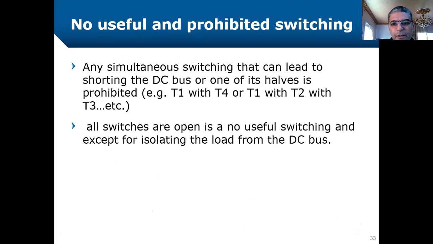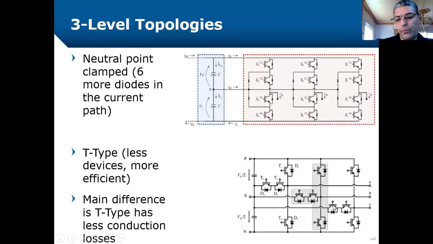Similar to what we have done in two-level inverter topology, we need here to find the useful and the prohibited switching combinations. Any simultaneous switching that can lead to shorting the DC bus or one of its halves is prohibited. For example, T1 with T4 or T1 with T2 with T3, etc. Please refer to the inverter topology.